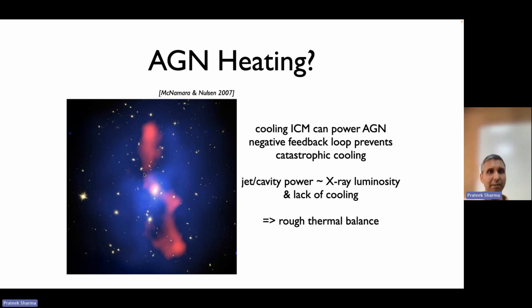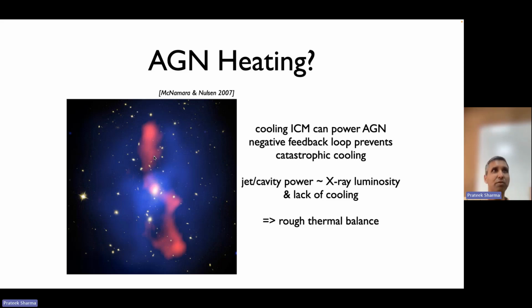If you calculate that by doing a crude estimate, what you find is that this power put in by these AGN jets is enough to balance the radiative losses.